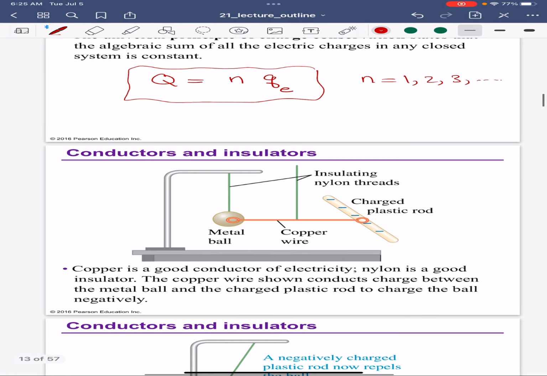Also, we need to know that some of the materials, we call them conductors, have so many electrons that they are really free to move.